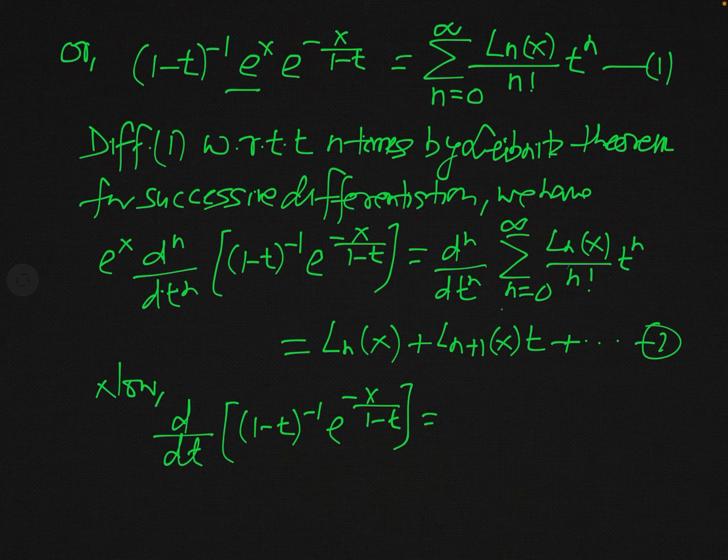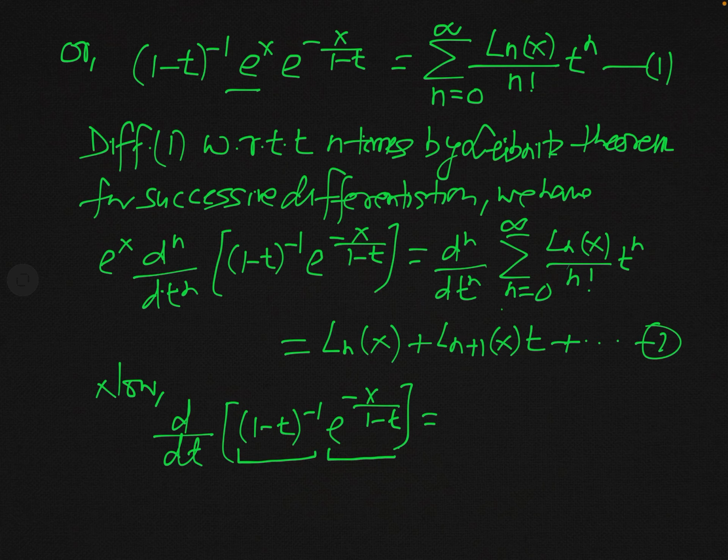What will be this? First of all, we will differentiate it directly by the rule of differentiation of a product of two functions. You can see here there is a product of two functions. The first function is (1 minus t) raised to the power minus 1, and the second function is e raised to the power minus x over 1 minus t.